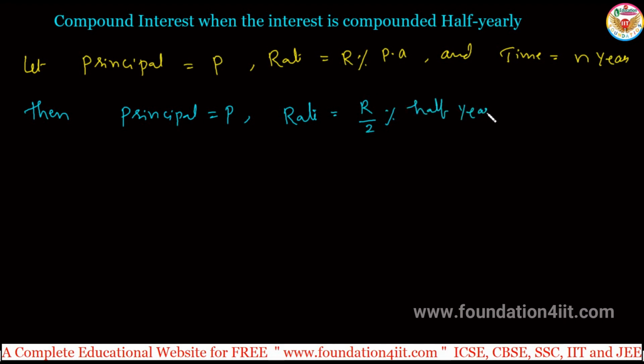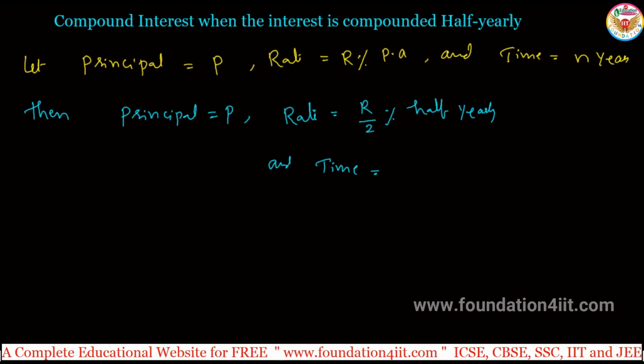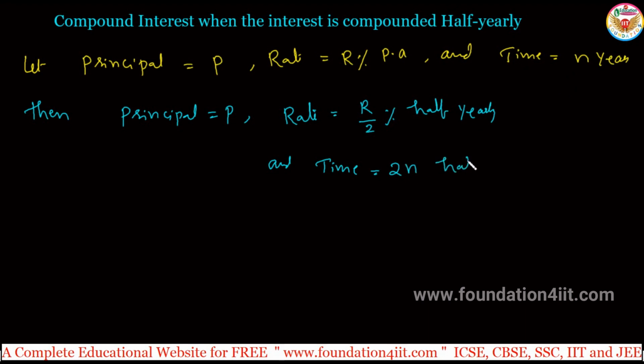Because of half yearly, that is R divided by 2. And the time is n years. In 1 year, how many half years? 2 are there, right? If it is 2 years, 4 half years. That means time will be 2n half years.